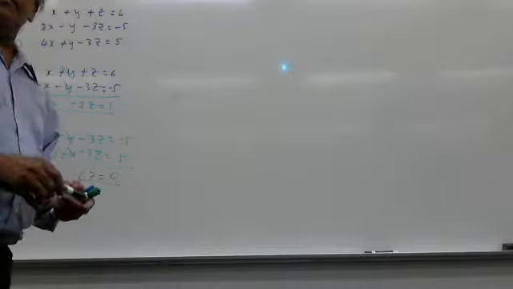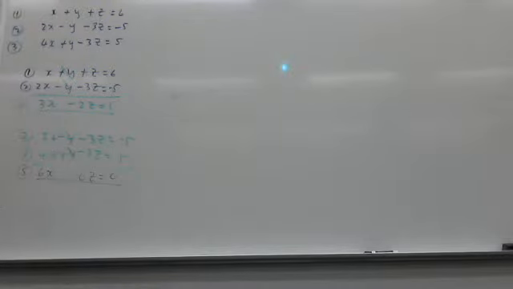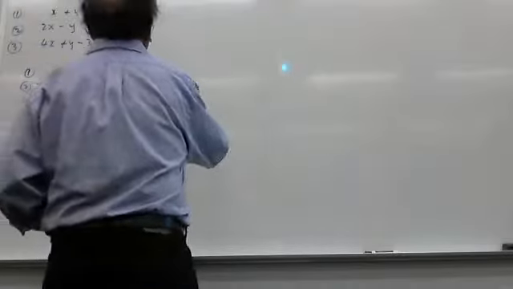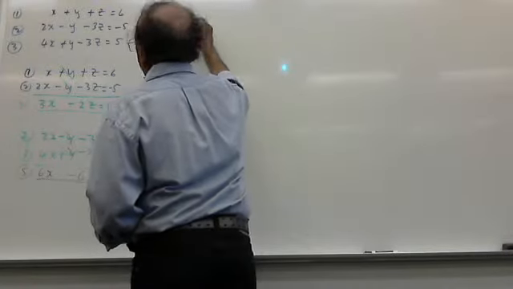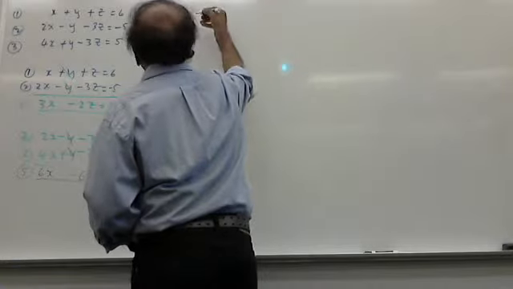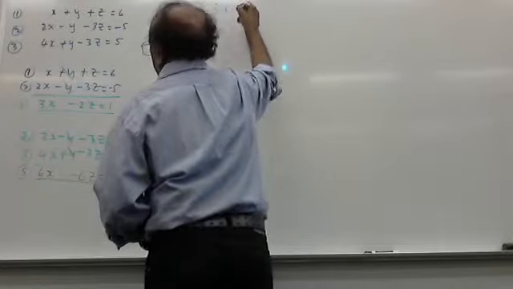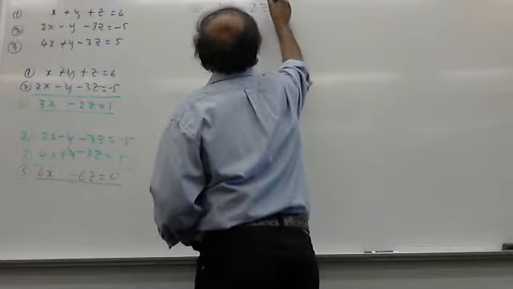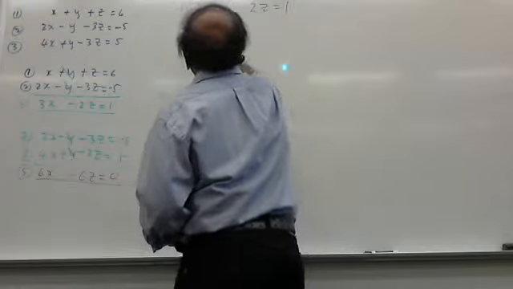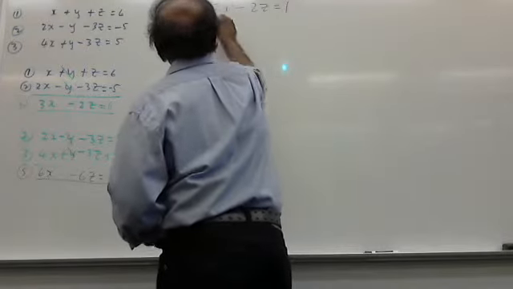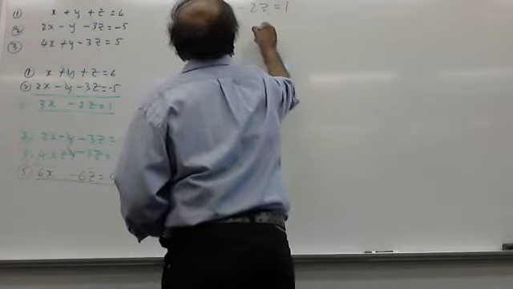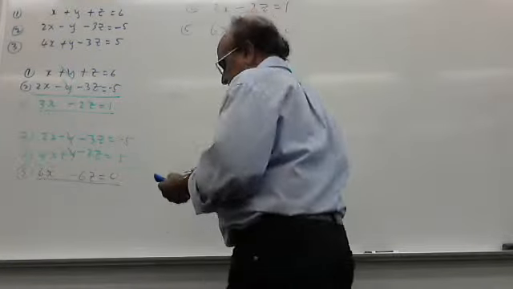Now, by using 4 and 5, I now have two equations in two variables, as I initially said. So let's go ahead and write these down. Here I have 4 is 3x minus 2z equal to 1, and by 5 we have 6x minus 6z equal to 0.